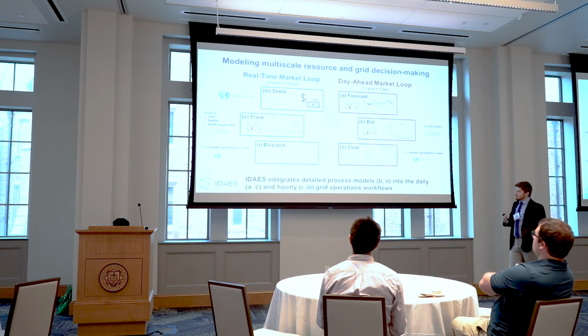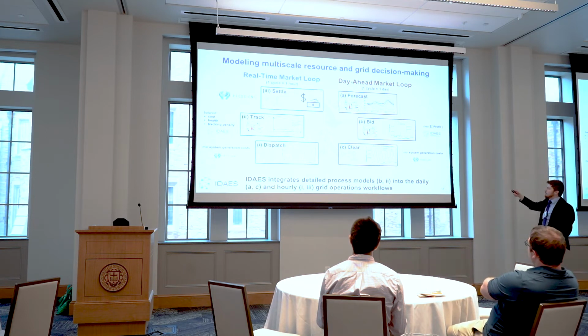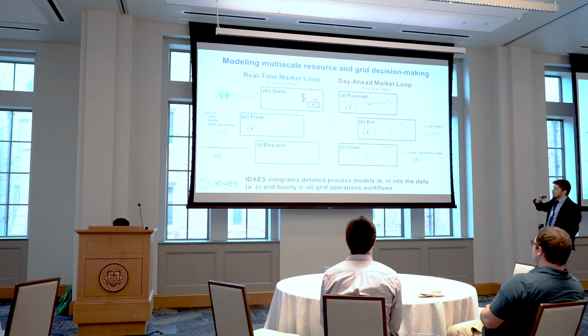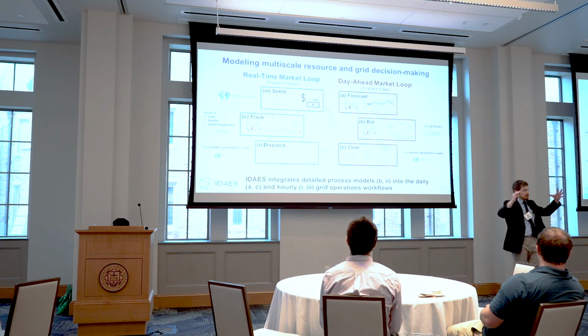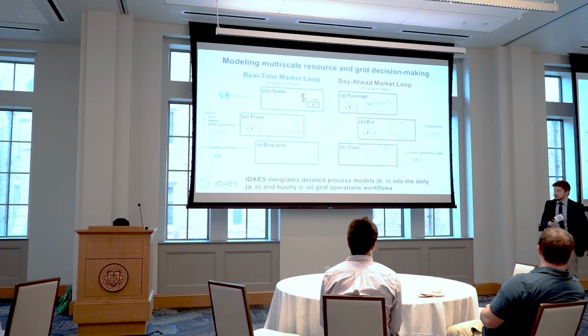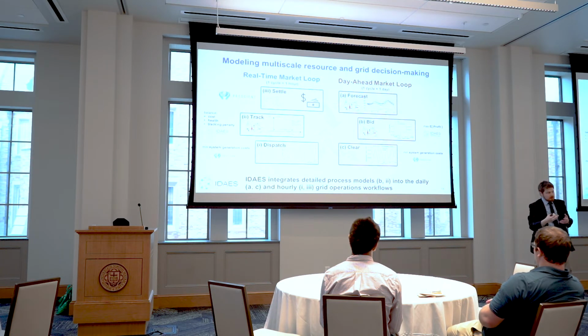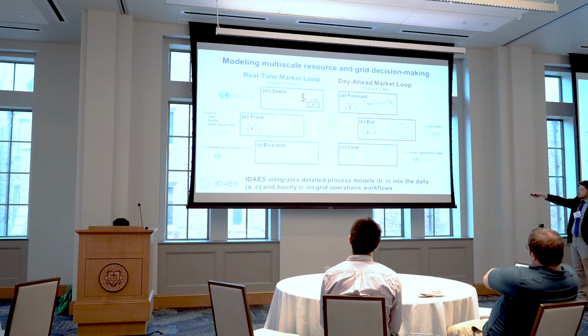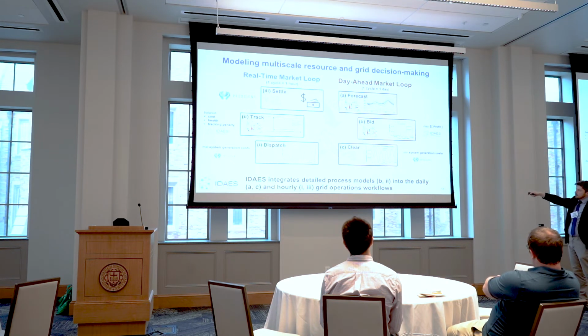So what we did is we came up with a framework where we can integrate really detailed process models with simulations of an entire market, this price setting process. The way this works is you have some type of forecast for what market prices will be, and then we take our detailed process models and we solve an optimization problem that generates how they bid into the market. So how are they going to express their costs and capabilities to the market? That then gets sent into Prescient, which is an open source production cost model.